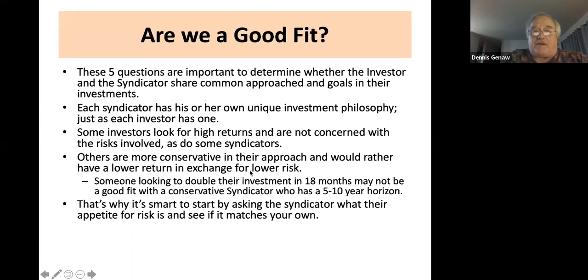But if you're someone who's more conservative in your approach and you're really more concerned about protecting your money than you are necessarily on return on your investment, you're more concerned with return of your investment instead of return on. You want both, but then maybe a longer term hold and a more conservative approach is best for you. But the only way you're going to know that is to ask the syndicator you're considering investing with.